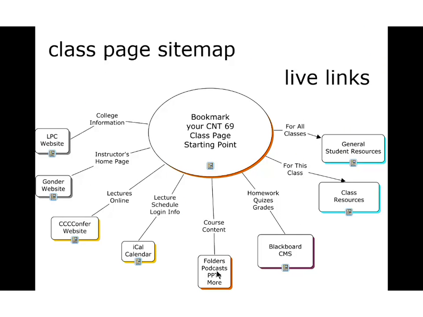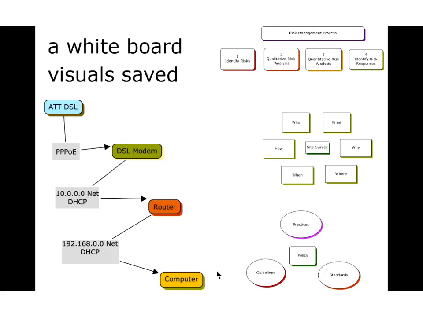I created a sitemap for each of the classes with CMAP because you can embed live links in there. This was a great visual way of helping my students understand the web of life that I've gotten them into. Here's your class page, and you can get to any of these places with a click from your class page. So it's pretty cool. I like it a lot.